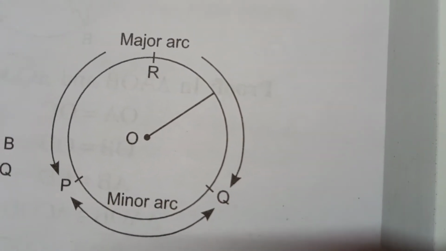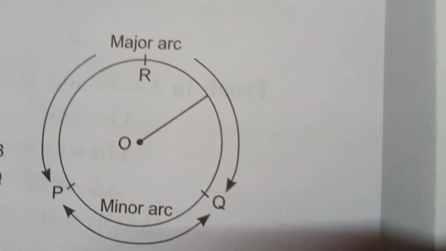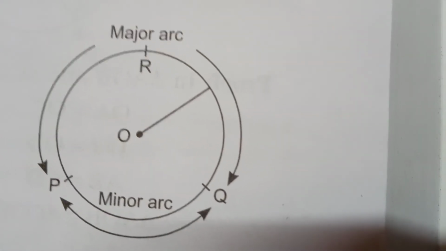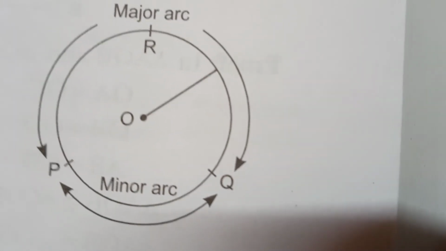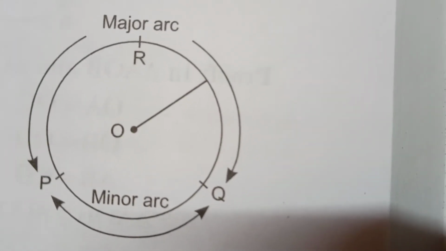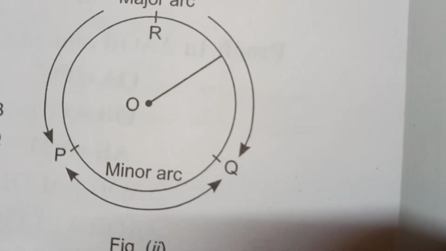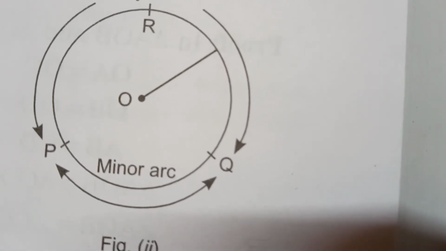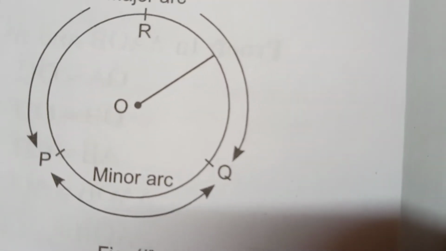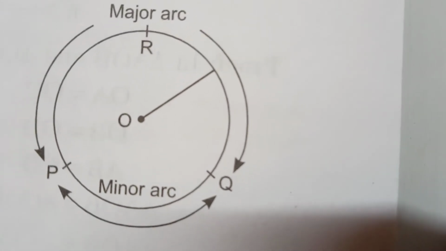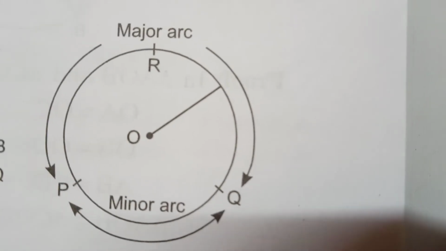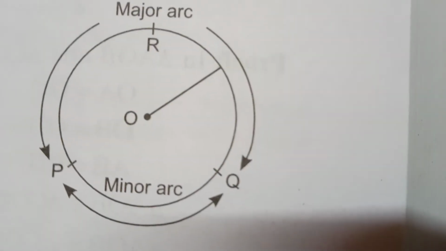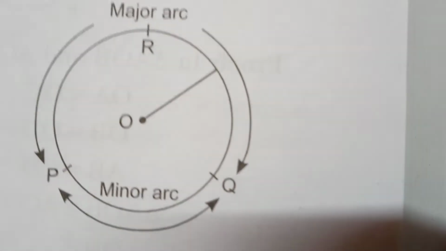Now the arc of the circle. A part of a circle between 2 points on it is called an arc. The smaller part of the circle is called the minor arc, and the larger part is called the major arc.